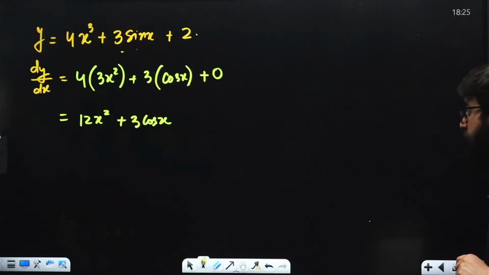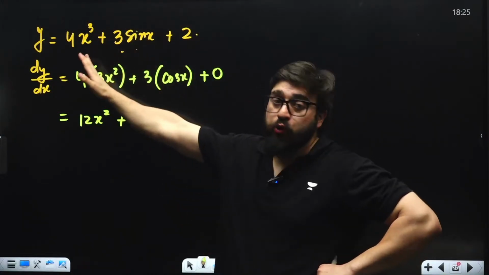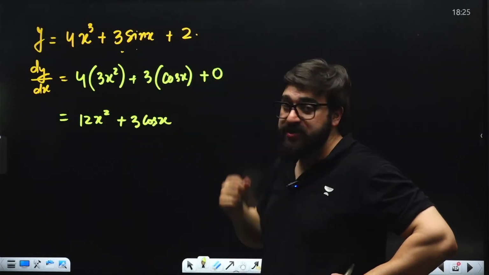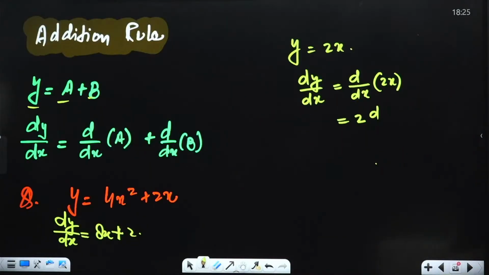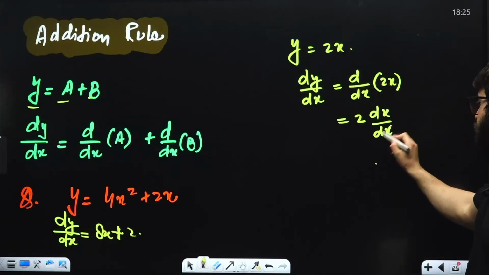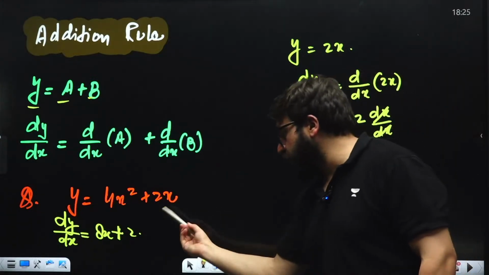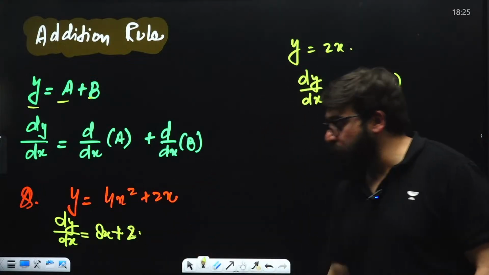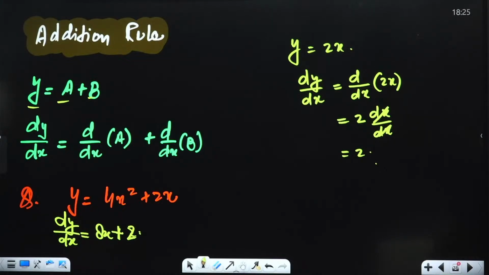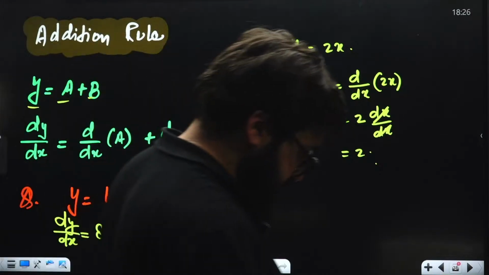Like here, this constant is multiplied to sin x, so we take it out. This constant is added to the function, so its differentiation is 0. So here 2 is out, so it will be dx divided by dx. This and this will cancel, so it comes out to be 2. That's why we said differentiation of 2x is simply 2. So 8x plus 2. Is that clear, guys? Let me know in the chat. Everyone means everyone.